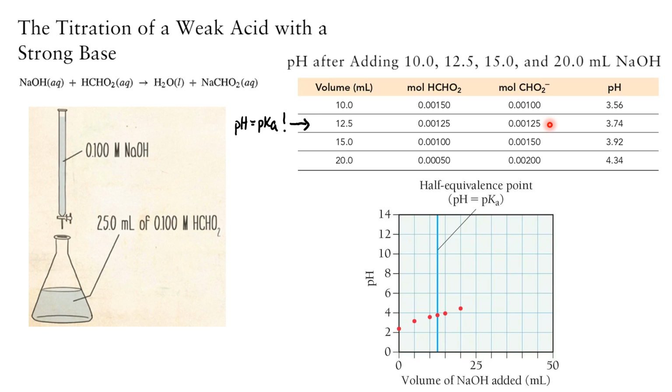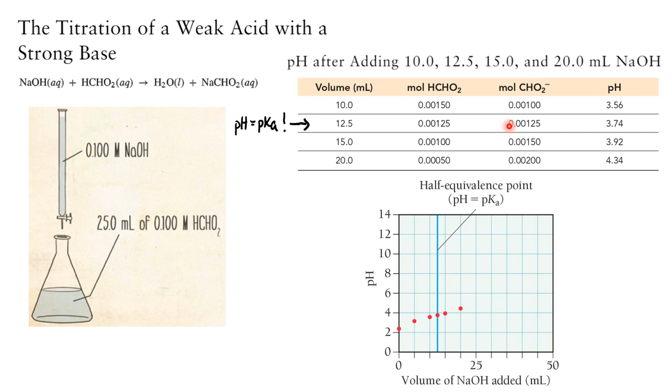But at halfway of your equivalence point, which in this case is 12.5 milliliters, right? We said that the equivalence point is 25 milliliters, right? Just like the first problem. Half of the equivalence point is half of 25, which is 12.5 milliliters. And at halfway to the equivalence point, you've consumed half of your weak acid. And now you have conjugate base and weak acid in equal concentrations.